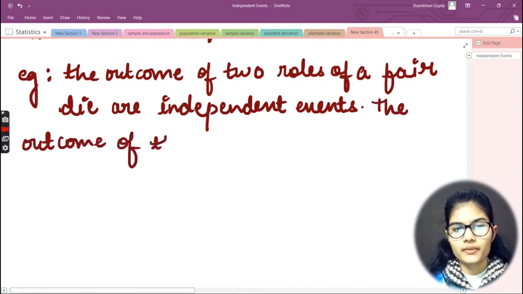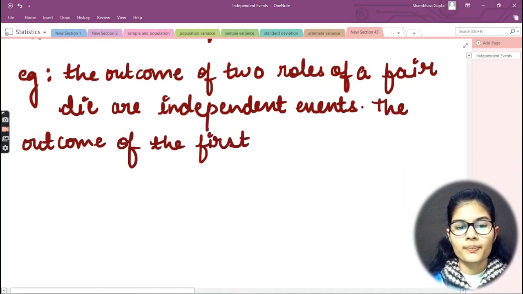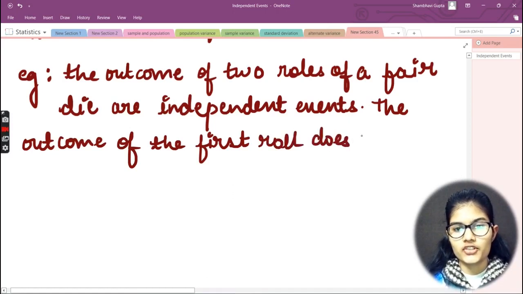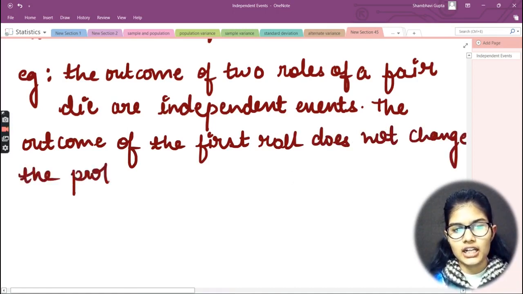So the outcome of the first roll does not change the probability. I'm simply writing this, and it is referring to probability only, so make sure you remember that.